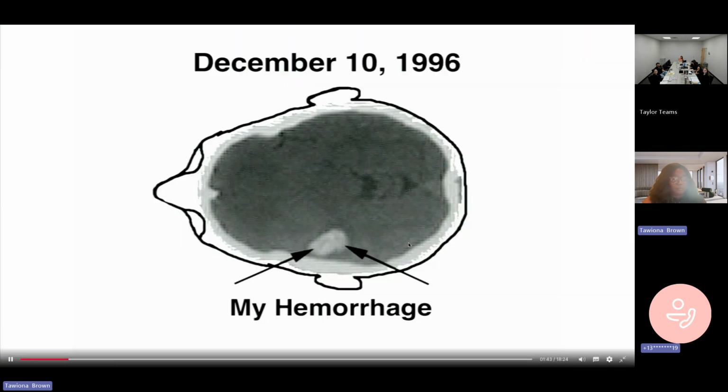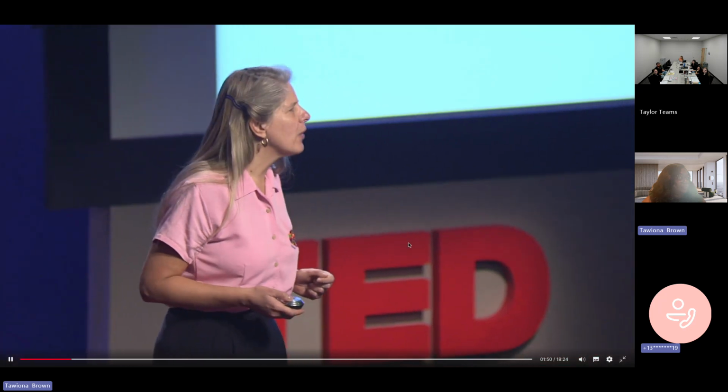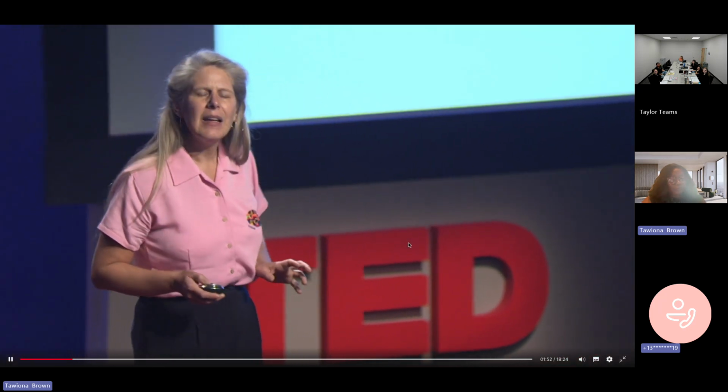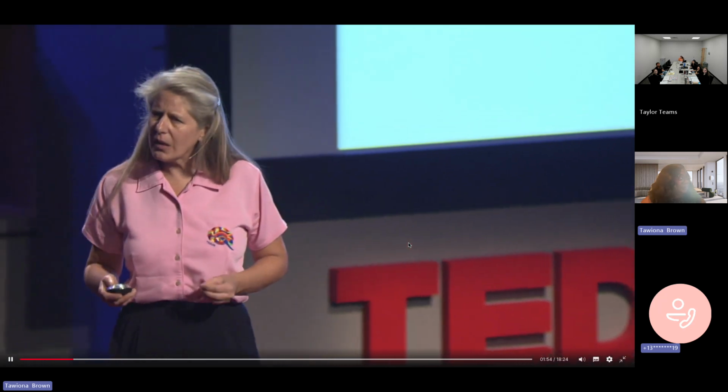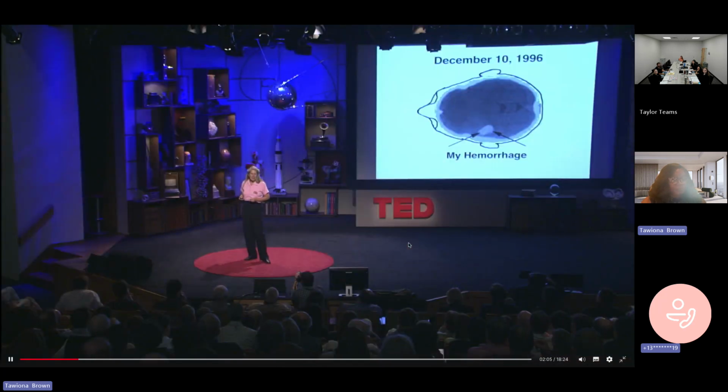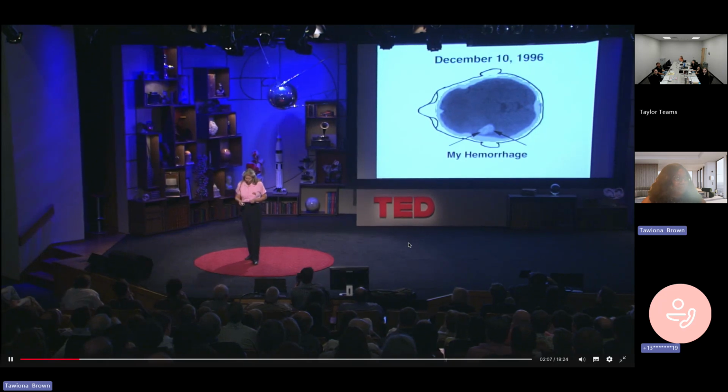A blood vessel exploded in the left half of my brain. And in the course of 4 hours, I watched my brain completely deteriorate in its ability to process all information. On the morning of the hemorrhage, I could not walk, talk, read, write, or recall any of my life. I essentially became an infant in a woman's body.